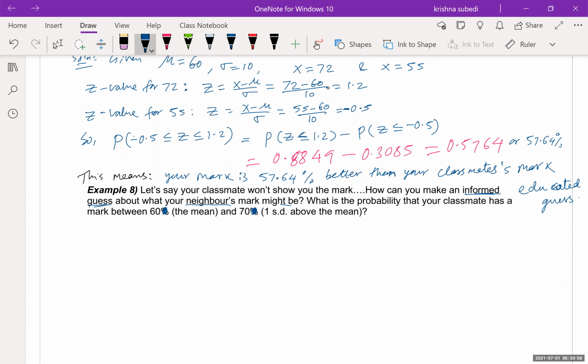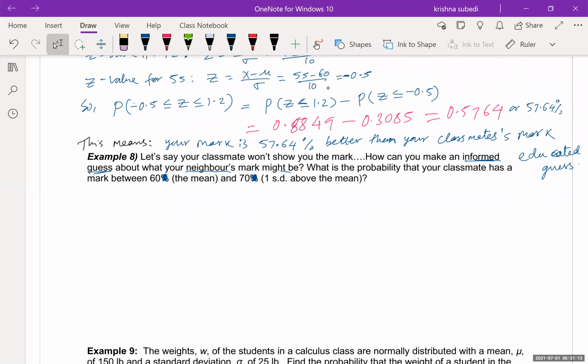What is the probability that this person's score is between 60 and 70? Let's calculate this. I trust that you can do this by yourself. I'm going to do it here, but try it by yourself, okay?